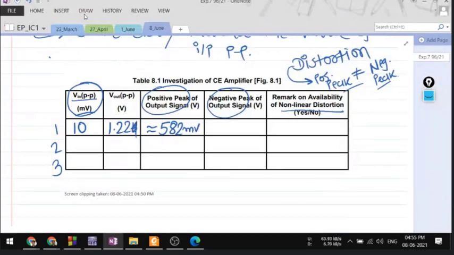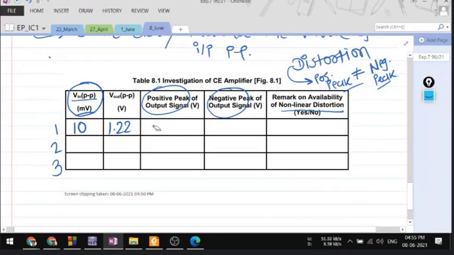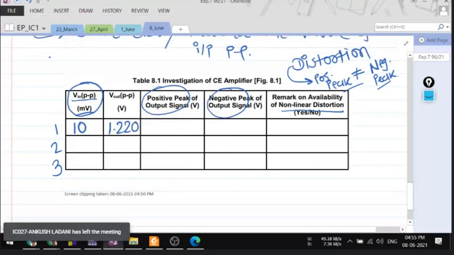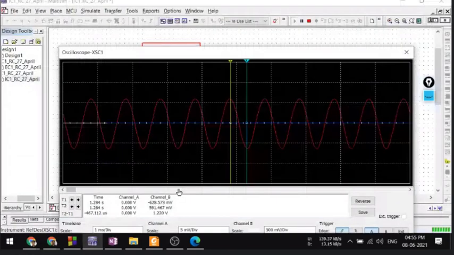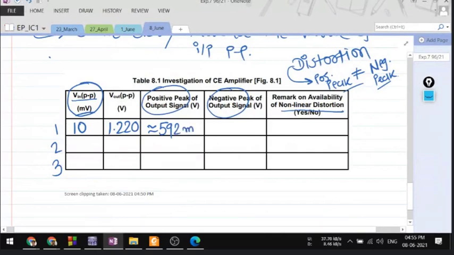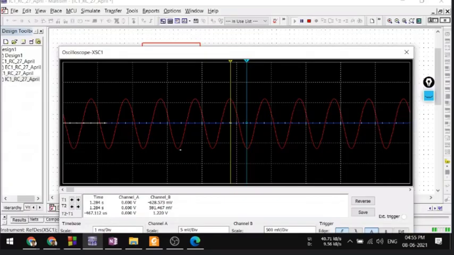Just a second. 1.220 volt, right? And the positive peak is 591.46, that is 592 approximately, right? 592 millivolt. And the negative peak is approximately minus 628.57, that is minus 629, right?